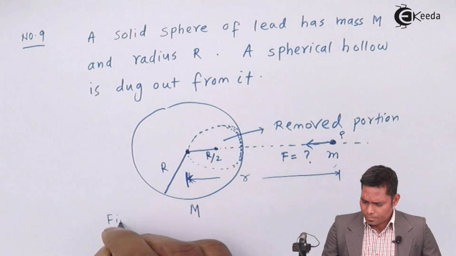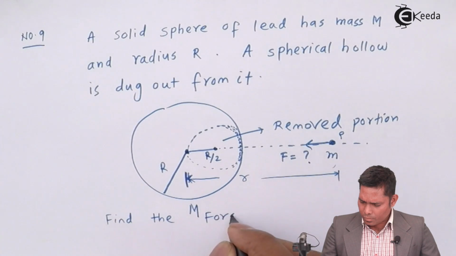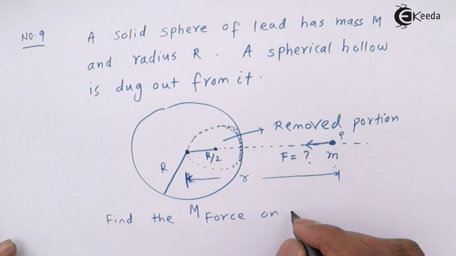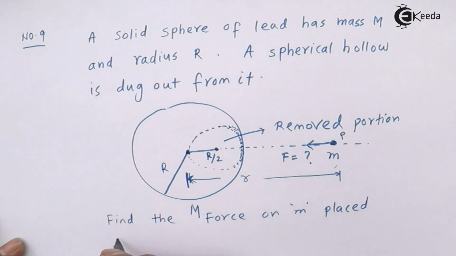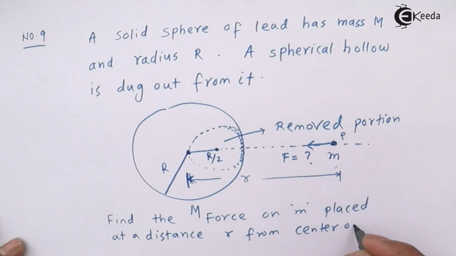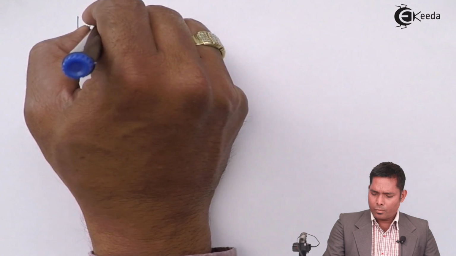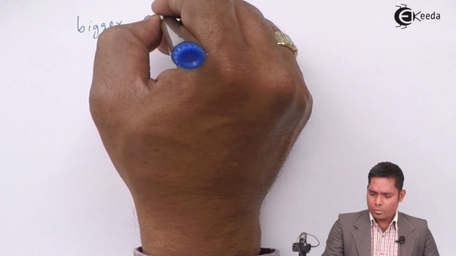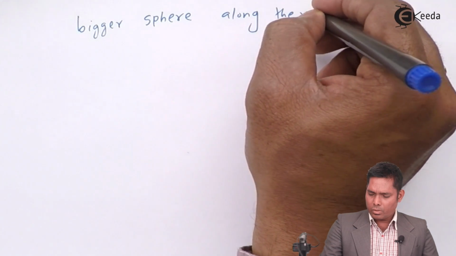Find the force on m, small m, placed at a distance r from the center of the bigger sphere along the radius.